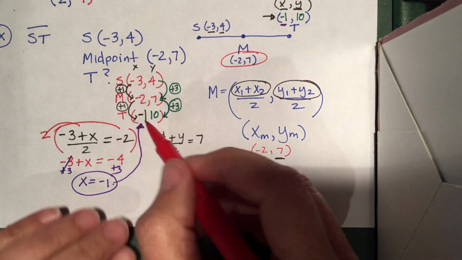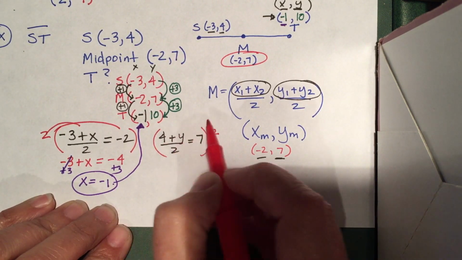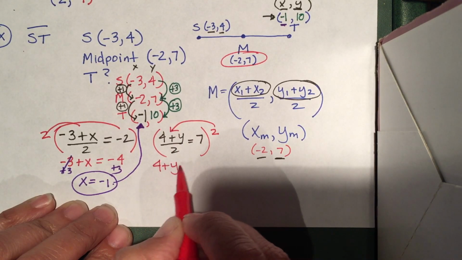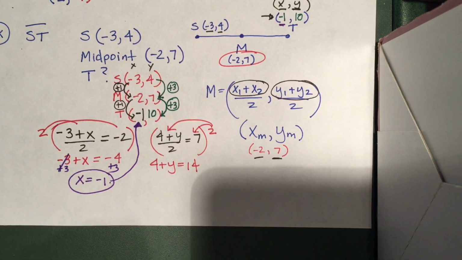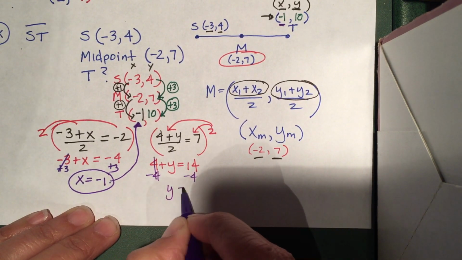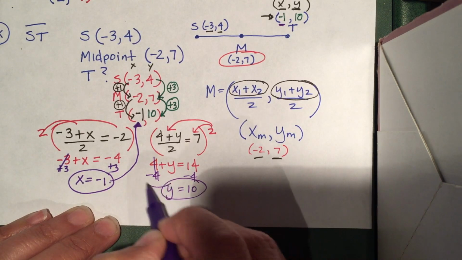I want to get rid of the denominator, so I'm going to multiply everything through by 2. So when I multiply 2 times this, the denominator goes away. It leaves me with 4 plus y. And 2 times 7 is 14. Then for my last step, I'm going to move the 4 to the other side. So y equals 10. And again, where do you recognize that from?